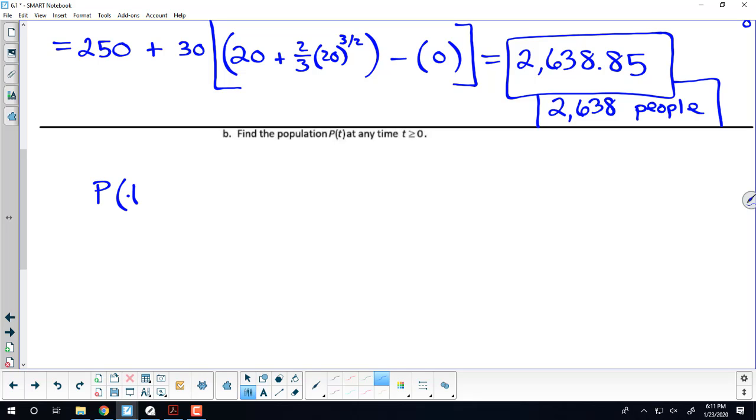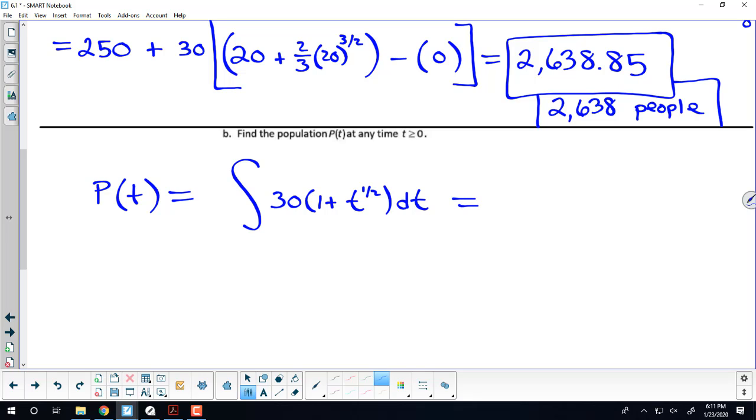So capital P of t would be equal to what? How would we find it? Do the integral of 30 times 1 plus square root of t. Where would we go from where to where? We could just leave it indefinite. Okay, so this would be the antiderivative method then, right? Yeah, because we're just going to find the antiderivative.